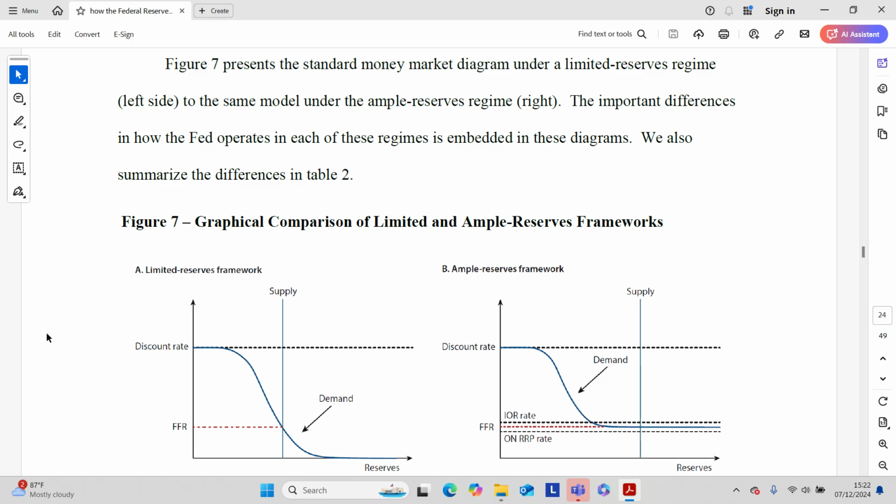However, in the ample reserve regime, even when the reserve is higher, the cross between the demand and the supply curve is actually at the same level of FFR. Below the FFR we have the overnight reverse repo rate, and above the FFR we have the interest on excess reserves rate.